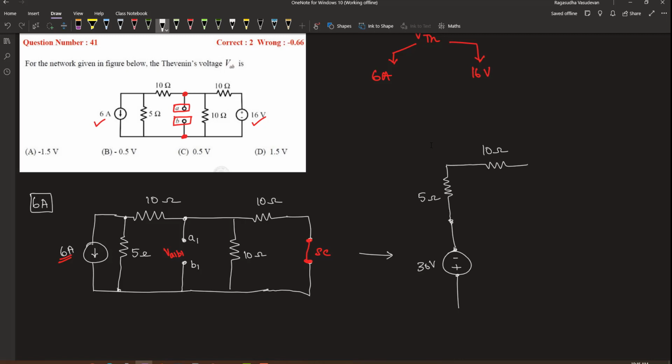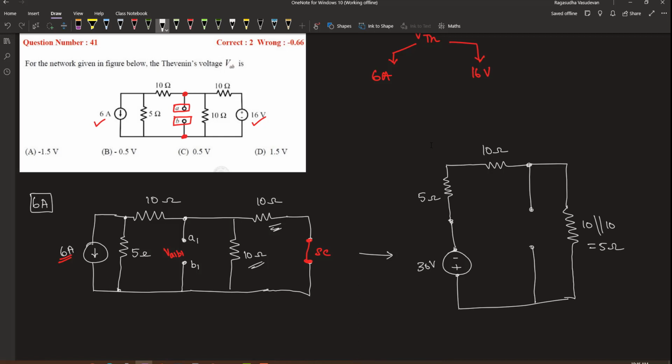We have this 10 ohm resistor in series, and across this we have the terminals A1 and B1. This 10 ohm is in parallel with this 10 ohm, which is equal to 5 ohm.